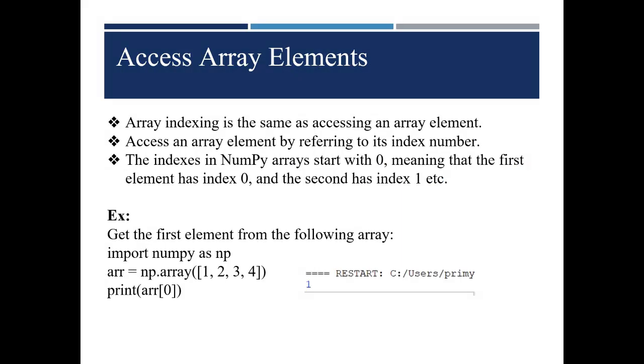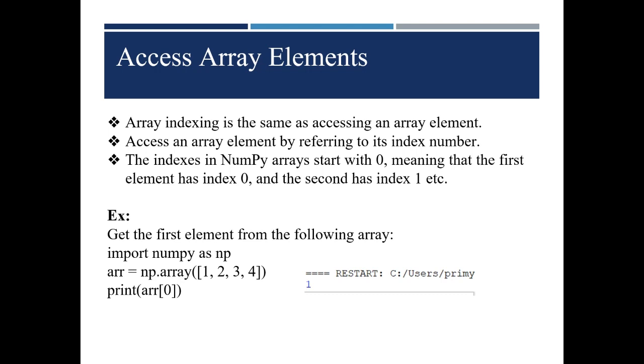To access array elements, array indexing is the same as accessing an array element. Access an array element by referring to its index number. The indexes in a NumPy array start with 0, meaning that the first element has index 0, the second has index 1, the third has index 2 and so on.